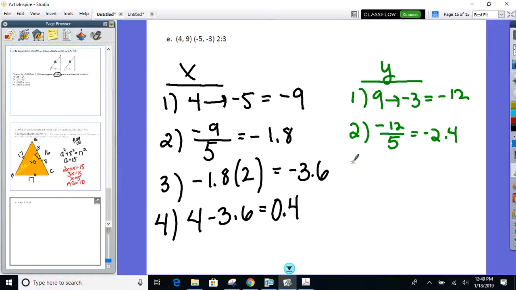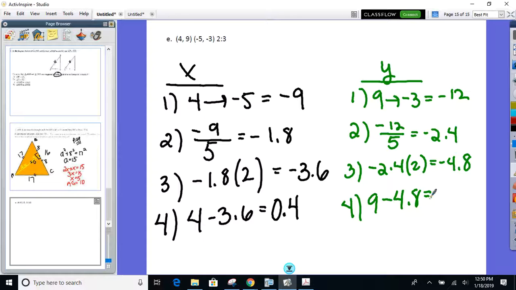Still have to multiply that by? Oh, guys, you're killing me here today. -2.4 times 2 is -4.8. And here's where a lot of you think you're done, but you're not. You have to apply it to the starting value, which for us was 9 minus 4.8, 4.2.